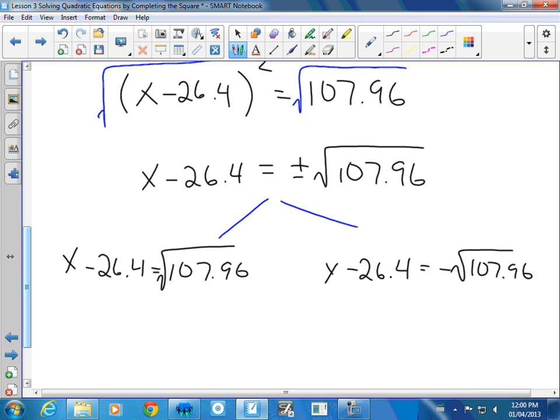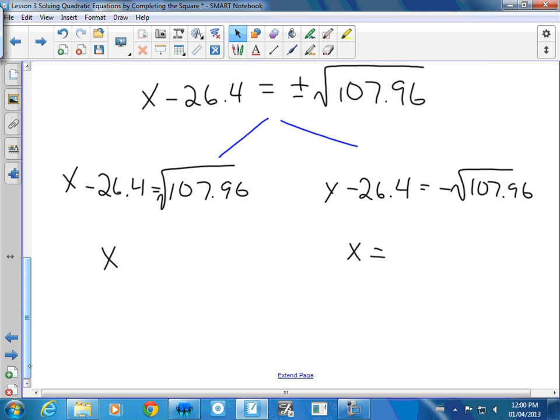Give me the numbers, by the way. I think these are approximations. I don't think they work out actually quite nice. Guys, you know, this goes to the other side, it becomes positive, right?